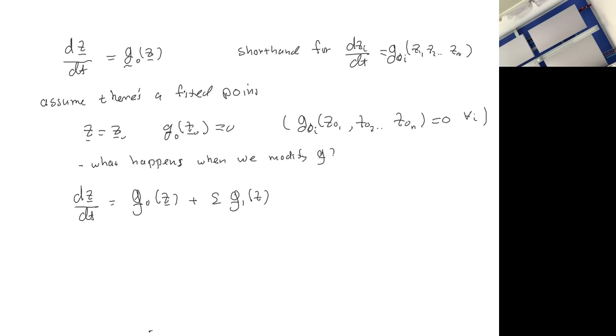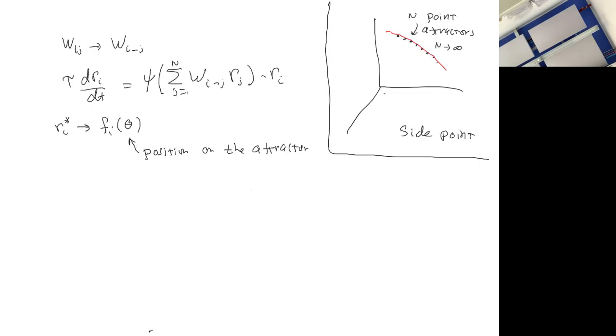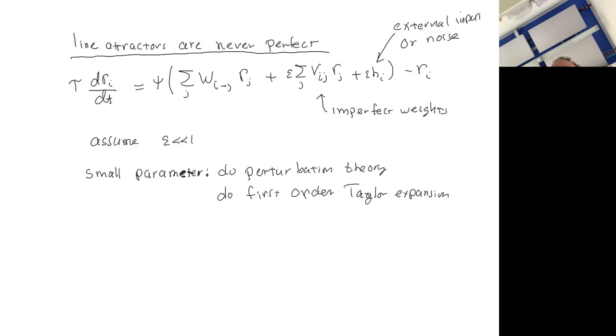So we've actually modified our function. This is exactly analogous to what we're going to do with our line attractor. We're going to modify our function. This would be equivalent to G0. We're going to add another term.